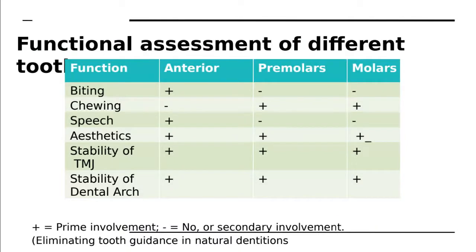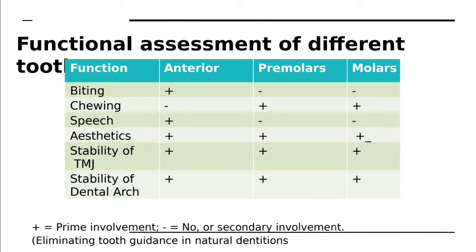Now, if you observe these functional units carefully, we have anteriors for biting. For chewing, we have premolars and molars. For speech, most of the time with the anteriors, the tongue keeps on moving and keeps on touching the palate and the lingual aspects of the anterior teeth. So anteriors play a major role in speech.